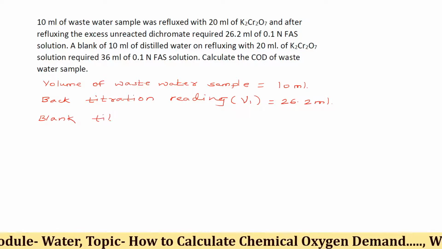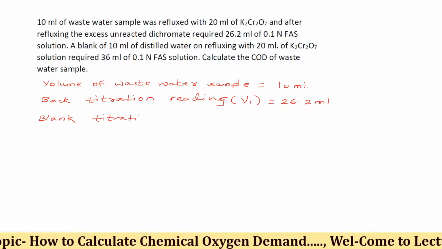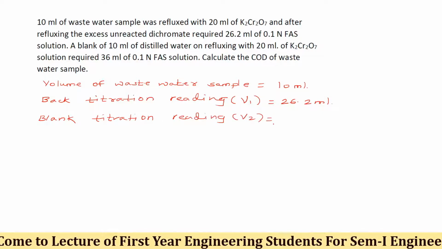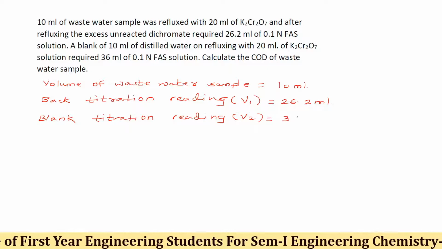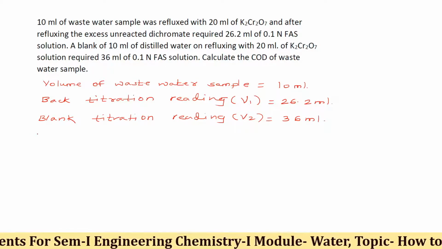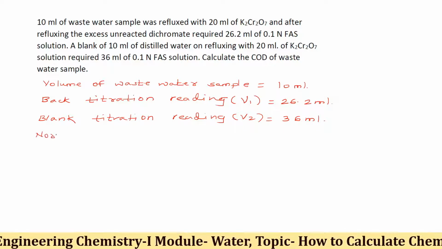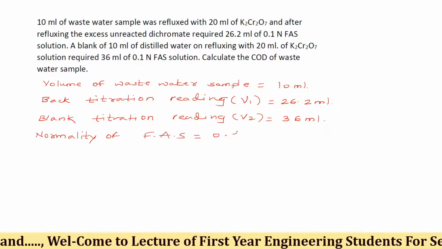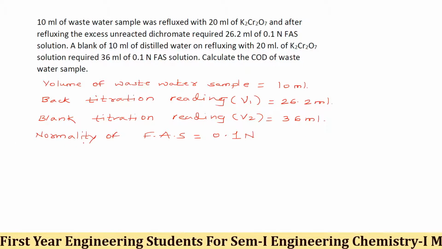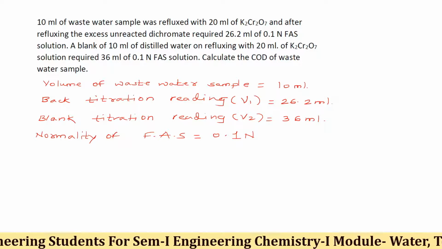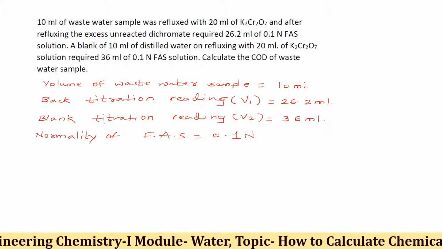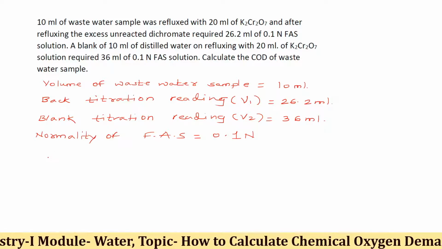In the blank titration, the reading obtained, V2 ml, is 36 ml. The normality of ferrous ammonium sulfate is given as 0.1 normal. So by using all these values, we can calculate the chemical oxygen demand using the formula.